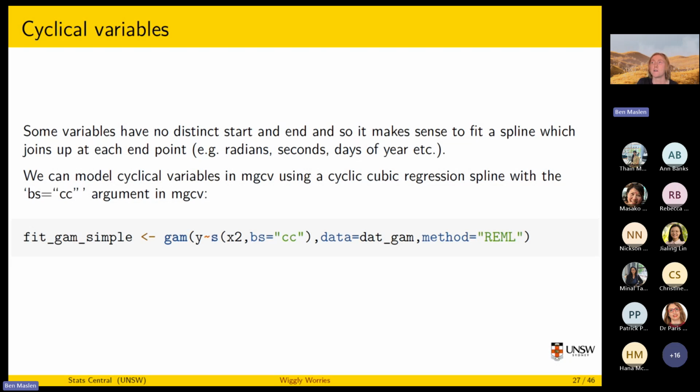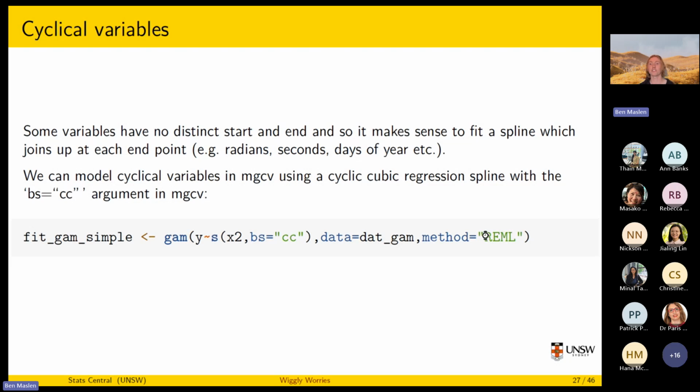You want the ends of the line to join up in a plot, and you can do this in MGCV using a cyclic cubic regression spline. You just need to put in the bs equals cc argument inside our spline function call, and then we're going to fit a cyclic spline.